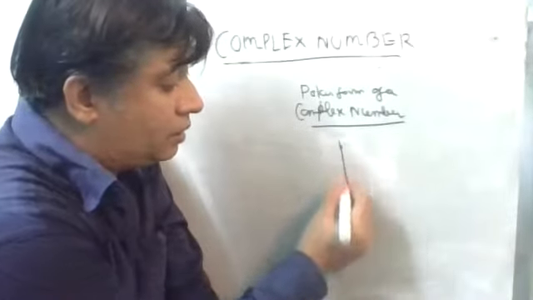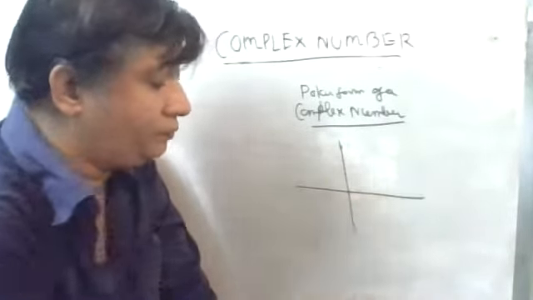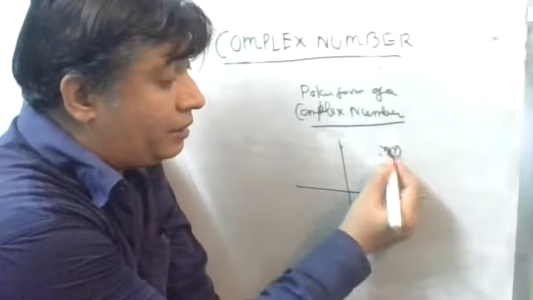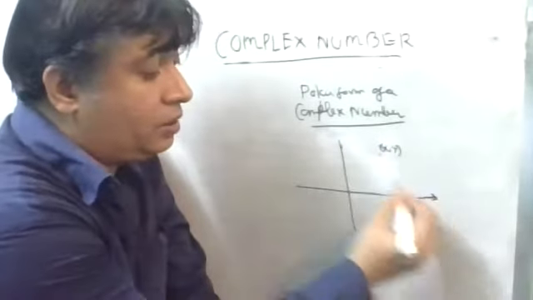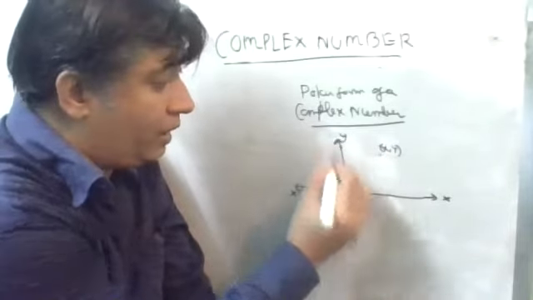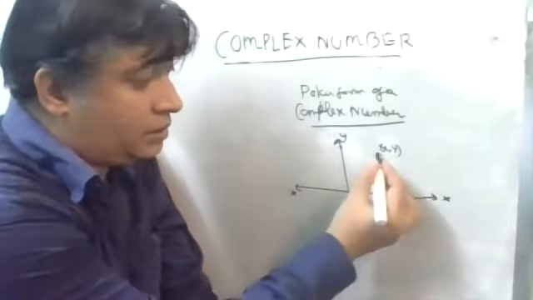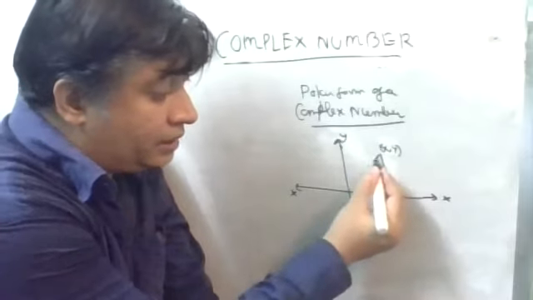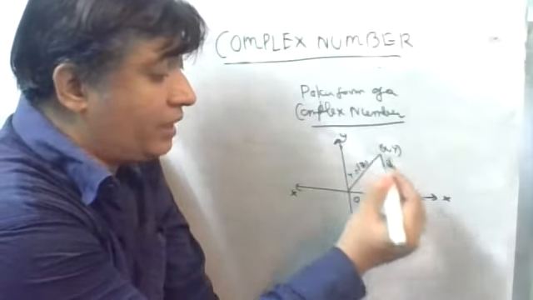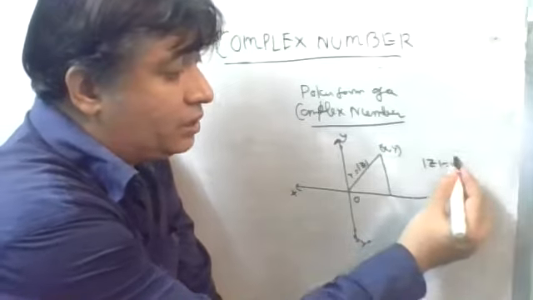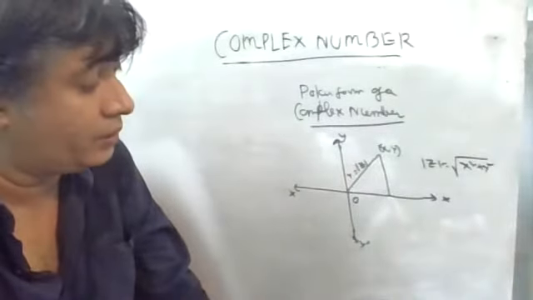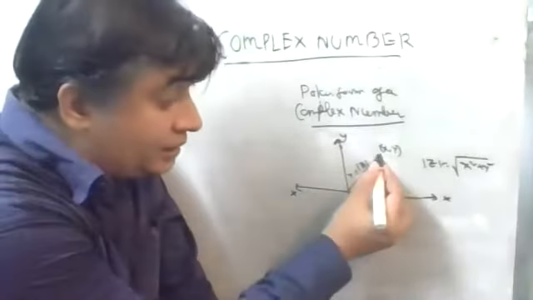See, let us draw the Argand diagram. Any point x y is plotted here. This is x dash, y dash. Okay, this part is called r. That is nothing but mod z, and mod z is root over of x square plus y square. You are already done.